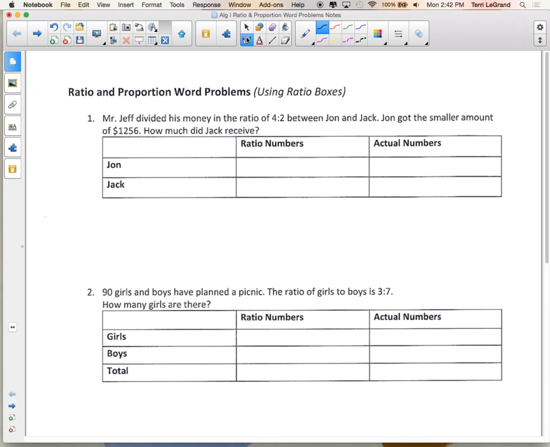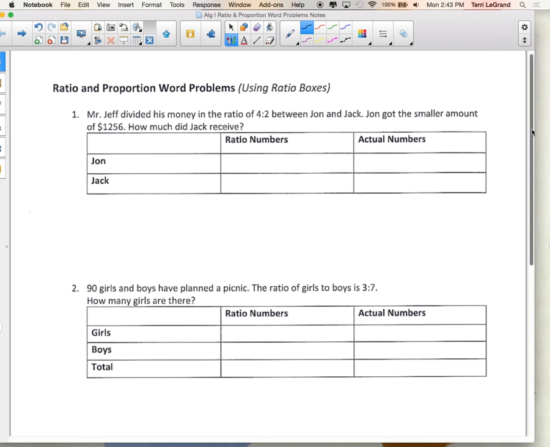Put labels on all of the pieces, all 4 pieces in the proportion. Both numerators, both denominators need to have labels when we're setting it up. Well, if we do it in the ratio box, then our labels are going to be in that, and we can just go right to setting up our proportion and not have to include the labels.